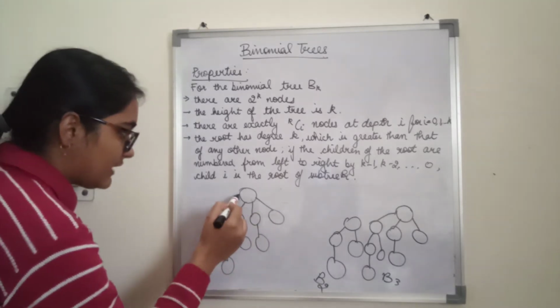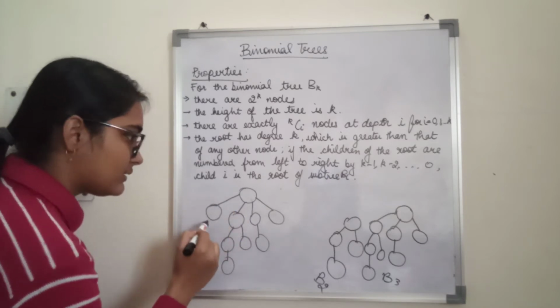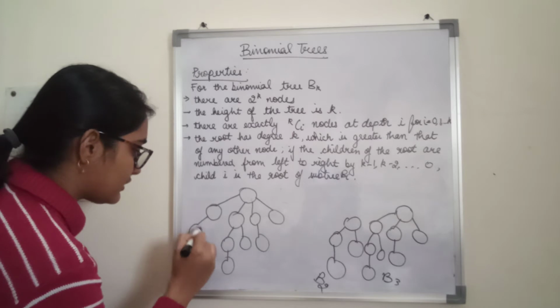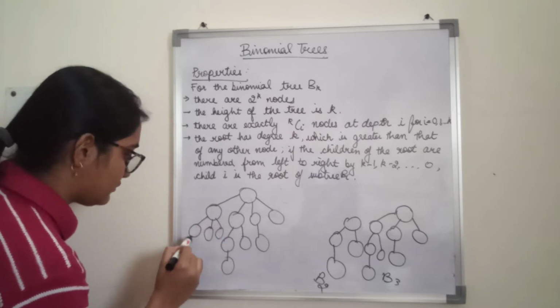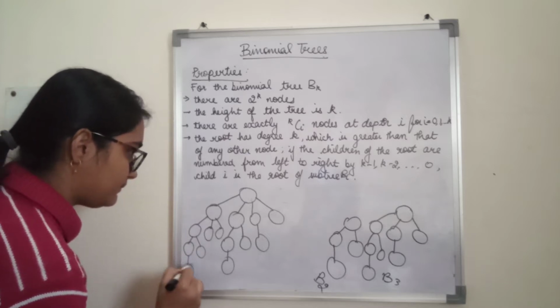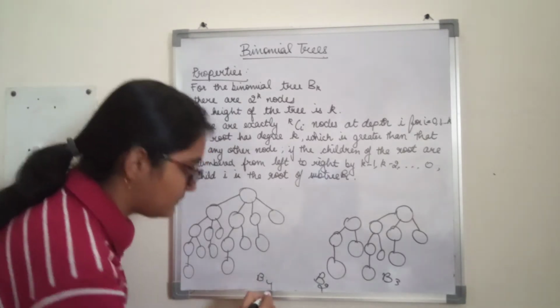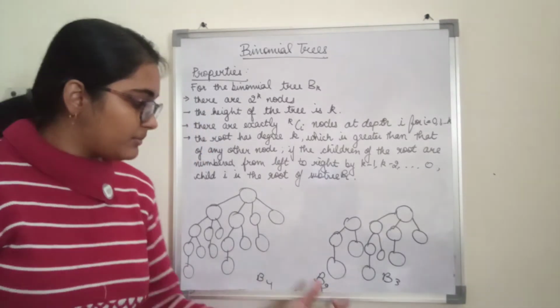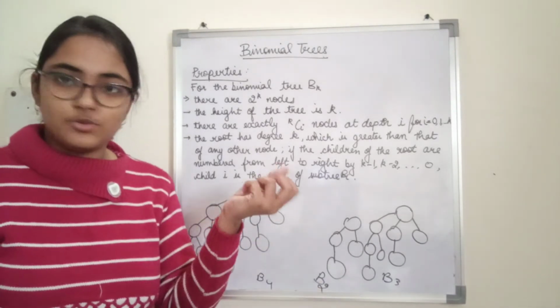Then we have to make one more tree of this form, with 3 children, and then it has 2 children. This is the tree B4. So we have formed B2, B3, B4 by linking two Bk minus 1 trees and joining them together, right?